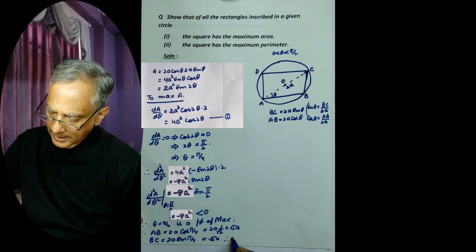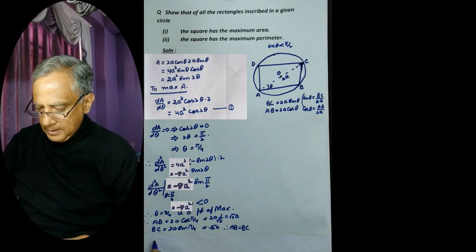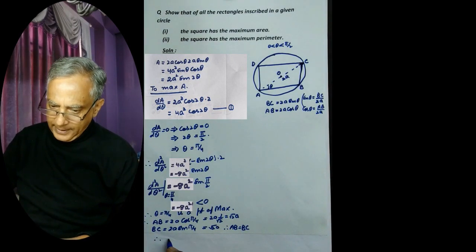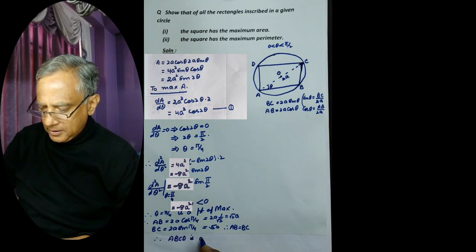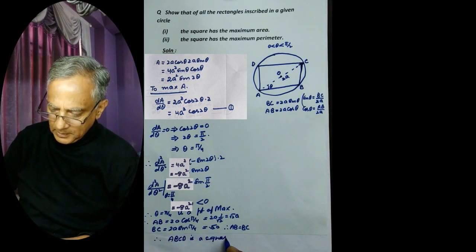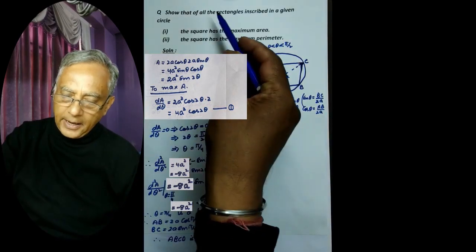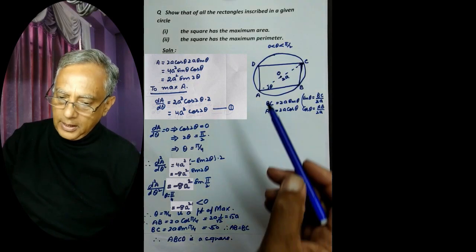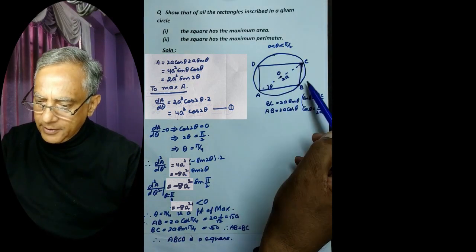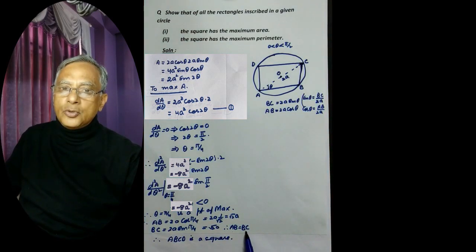Therefore AB is equal to BC. Therefore ABCD is a square. Therefore for maximum area the rectangle must be a square. Therefore the rectangle inscribed in a given circle has maximum area when it is a square.